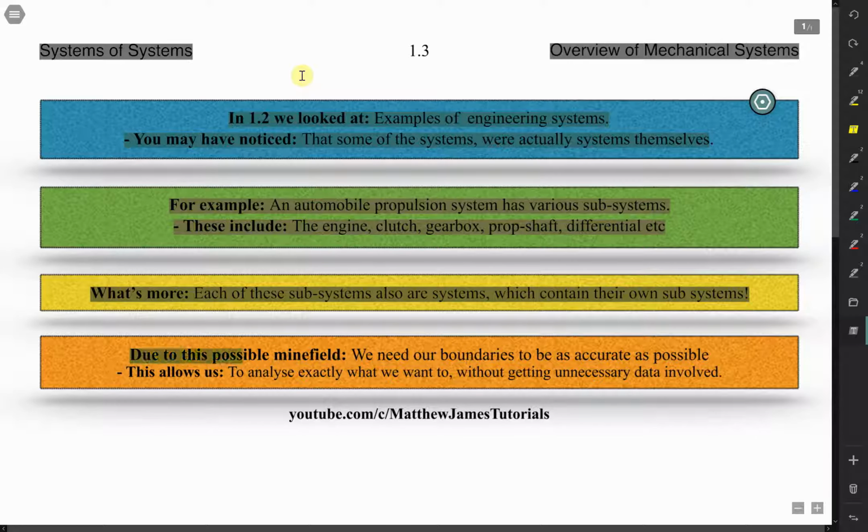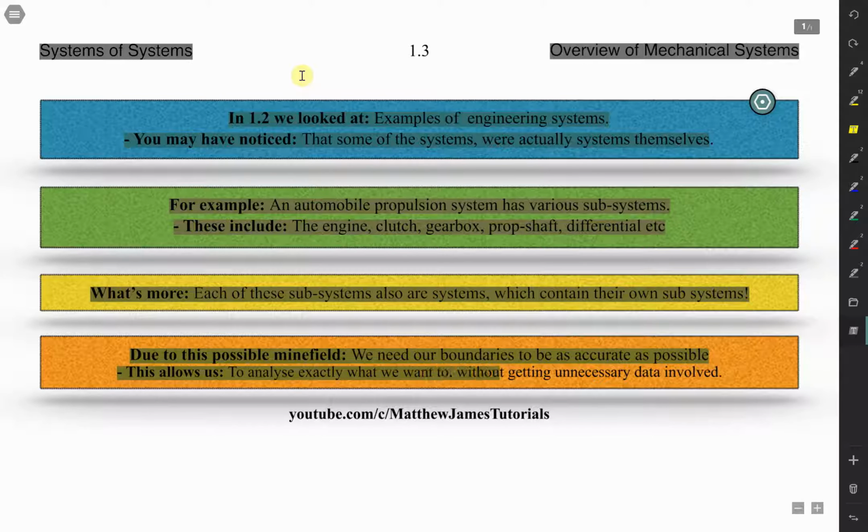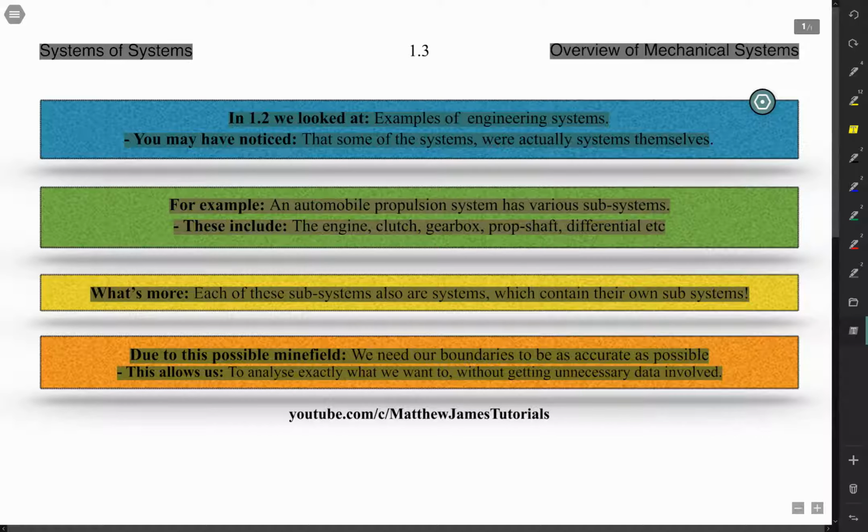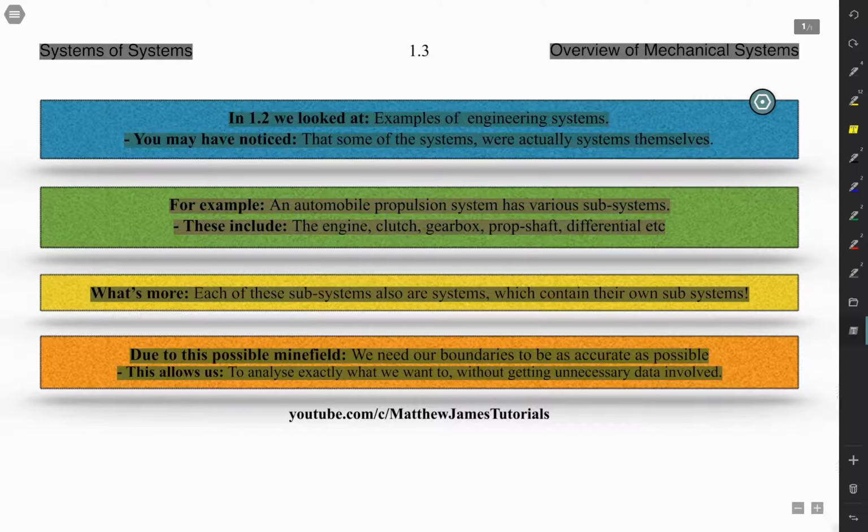So due to this possible minefield, we need our boundaries to be as accurate as possible, and this allows us to analyze exactly what we want to, without getting unnecessary data involved. For example, if we wanted to purely analyze the engine, so the power plant, we would want to use precise physical boundaries or theoretical, depends on how you want to interpret it, and we would have that purely around the engine itself.